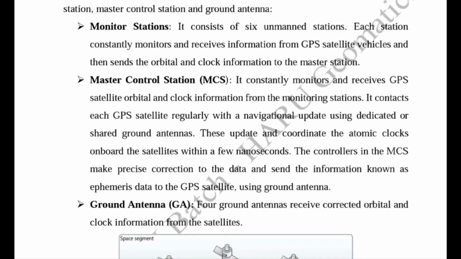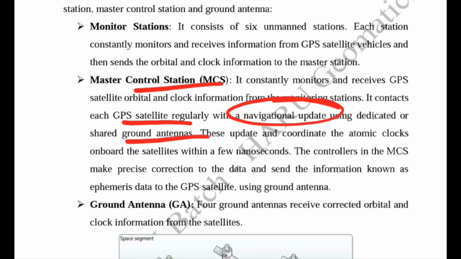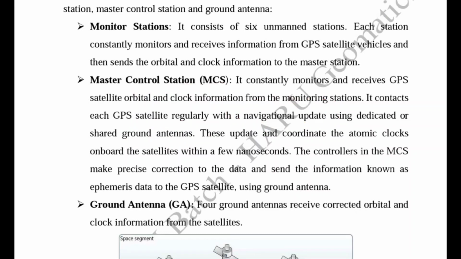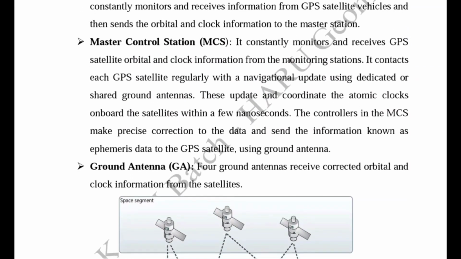So these GPS satellite information are considered with the navigational update. Master control stations use the ground antenna for contacting GPS satellites from the earth surface to the space.